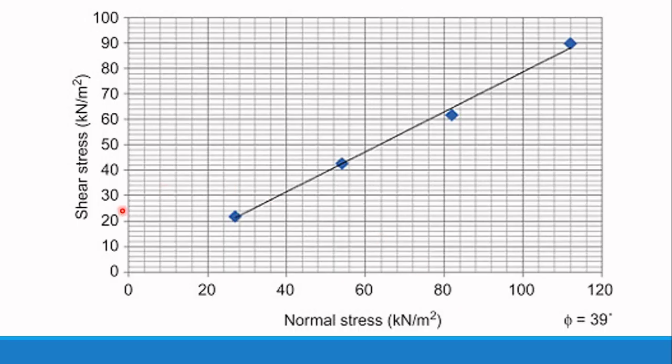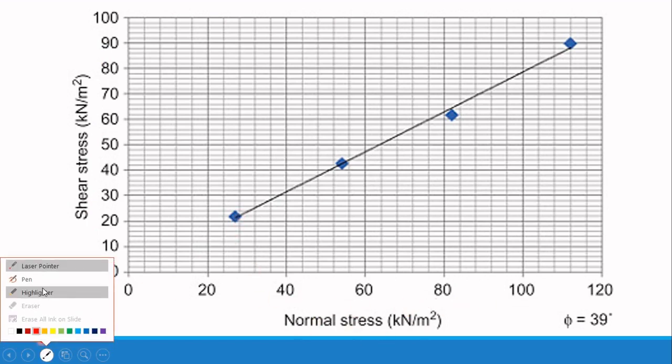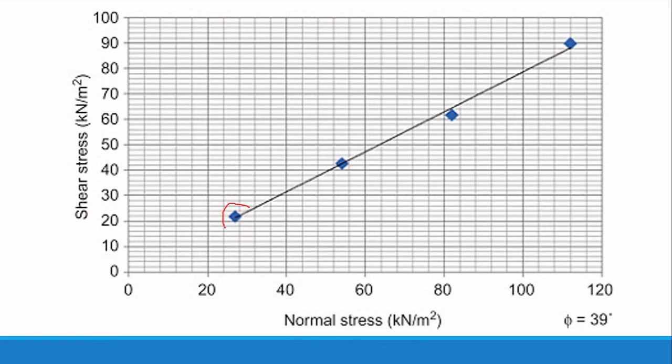So knowing all the normal and shear stress values of samples 1, 2, 3, 4, we can actually plot a graph. In this graph, I take shear stress, or tau, on the y-axis and normal stress along the x-axis. Okay, so this point is for sample 1. I have the normal stress, which is measured along the x-axis, and a shear stress, which is measured along the y-axis, which gives me the point over here.